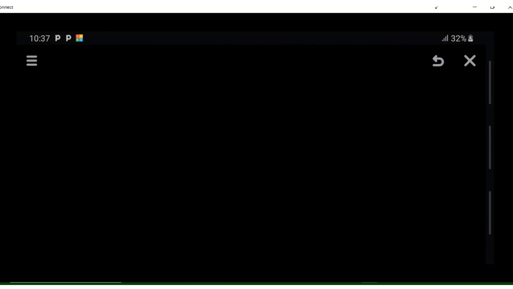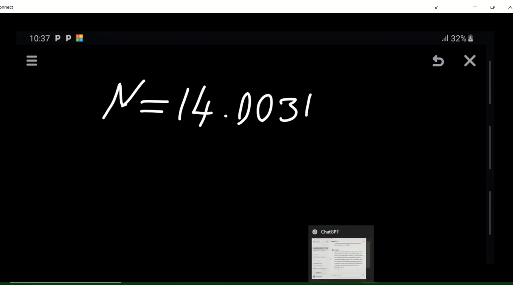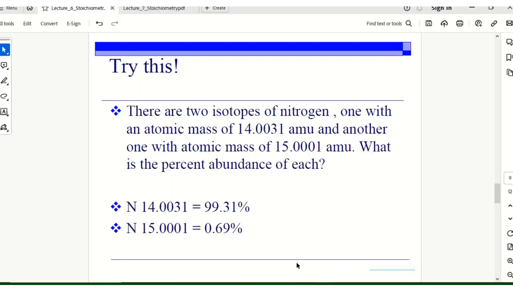Say this is nitrogen, so say N. You can write it this way: N is equal to 14.0031, what you have been given. Let me check that what I'm writing is correct. Yes, 0031.